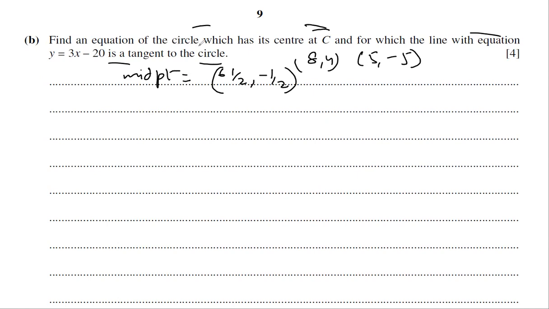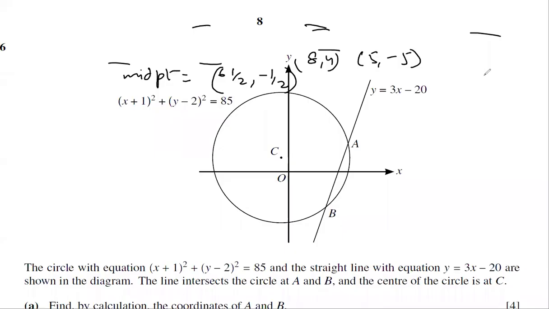Okay, so find the equation of the circle which has its center at C, for which the line with this equation is tangent to the circle. Since we have found the midpoint, if we look at it over here, the point is this, minus 1, this is minus 2, right?